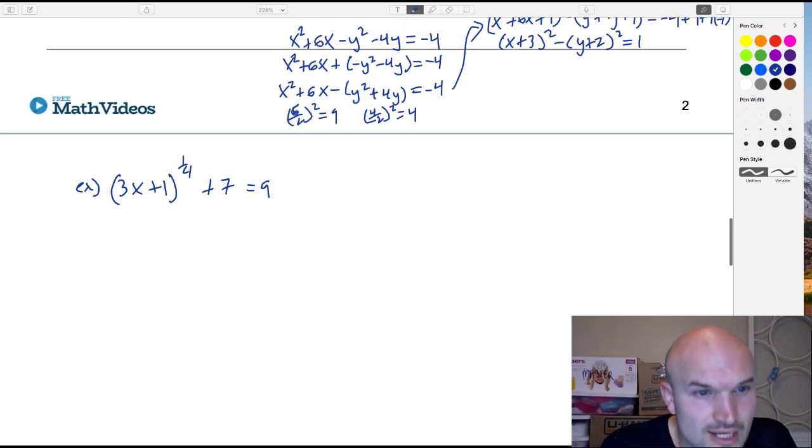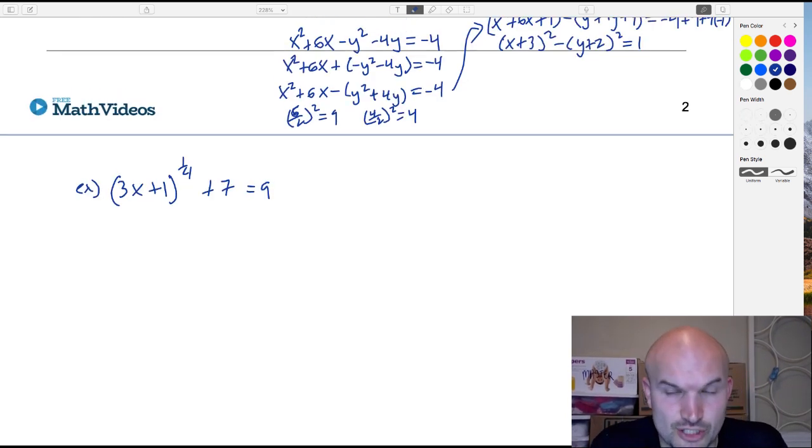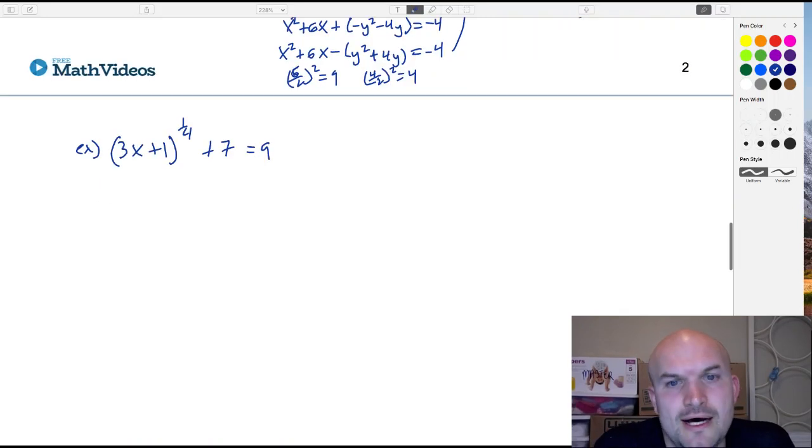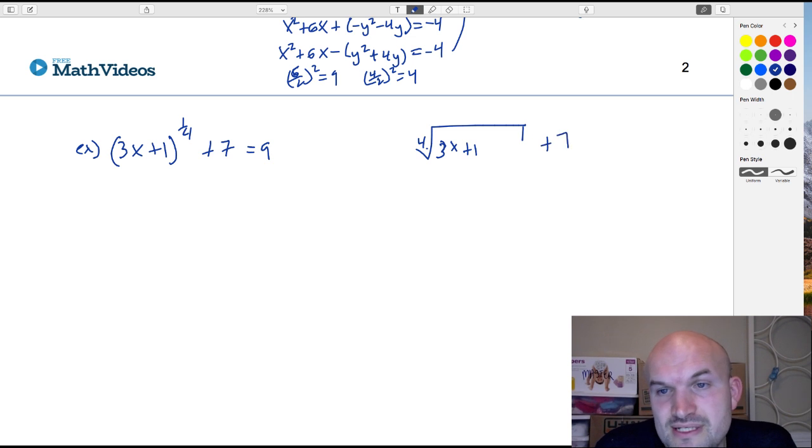Just remember a couple things when we have rational powers. Remember, guys, that's really just the same thing as the fourth root of 3x plus 1, plus 7 equals 9. A lot of times, working with the rational power is preferred to dealing with the root.